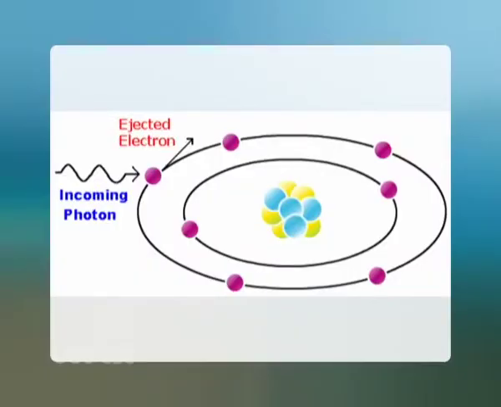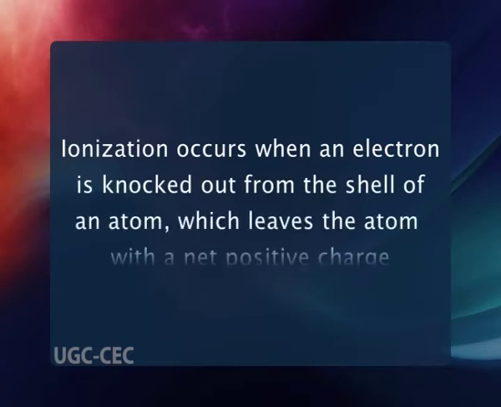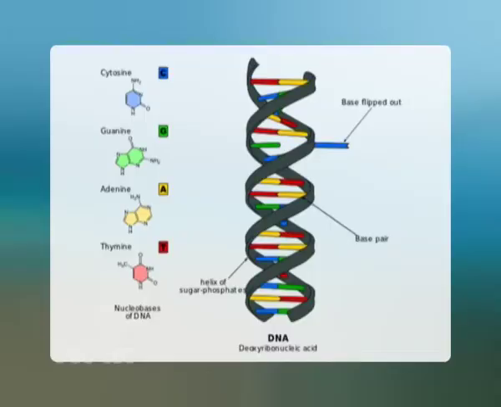Radiations with sufficiently high energy can ionize atoms, that is, they can knock electrons off from atoms and create ions. Ionization occurs when an electron is knocked out of the shell of an atom, which leaves the atom with a net positive charge. Living cells, more importantly the DNA of the cells, can be damaged by this ionization.